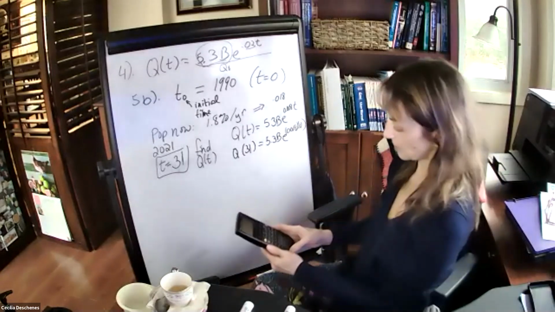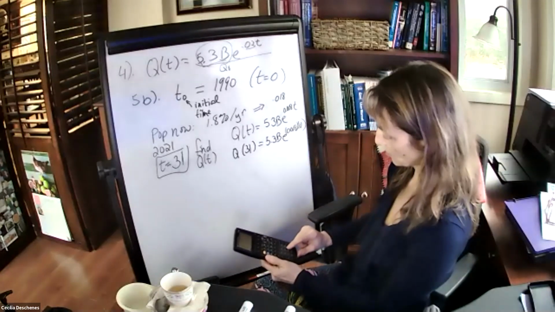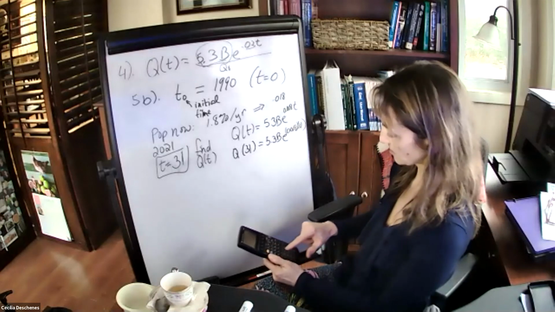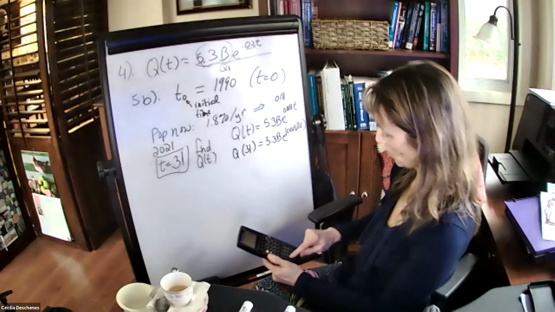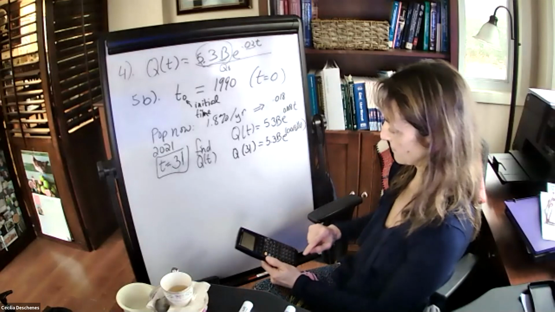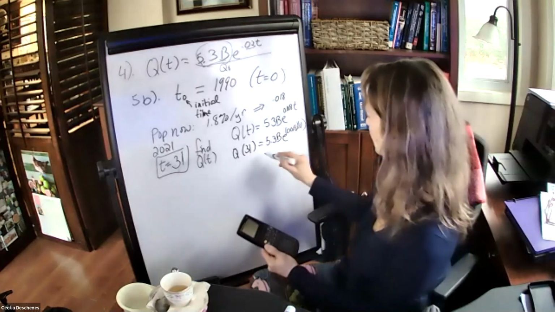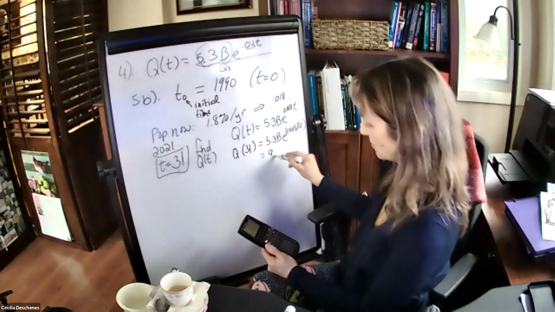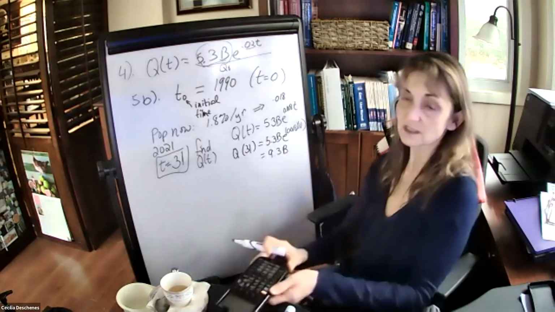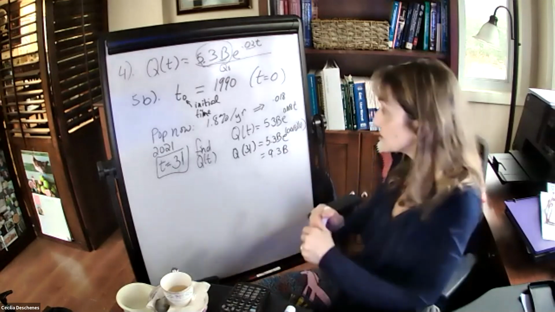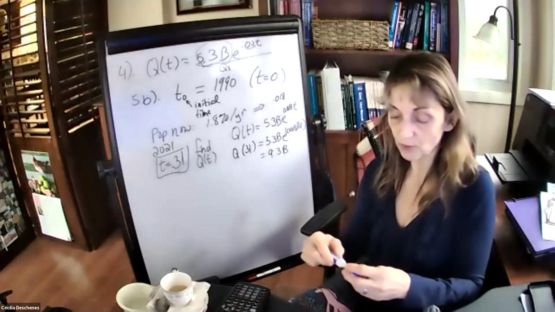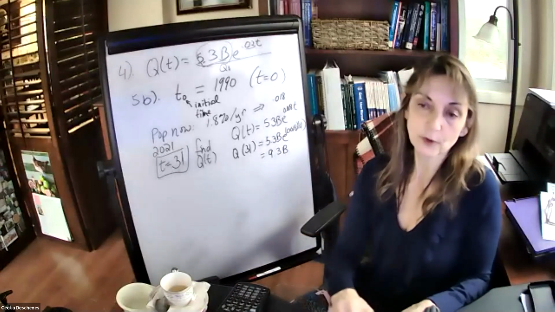So we're going to put in 5.3 times e to the x raised to the 0.018 times 31. And we get that this is 9.2 or 9.3 billion. So this is saying that if this model is right, we should have around 9.3 billion people in the world today.